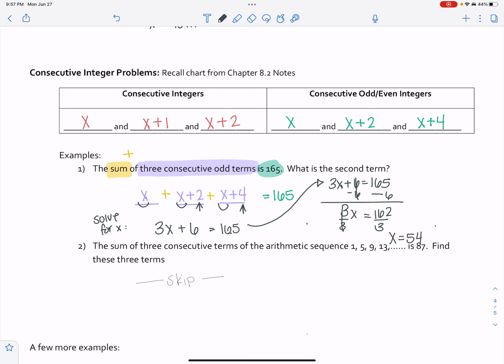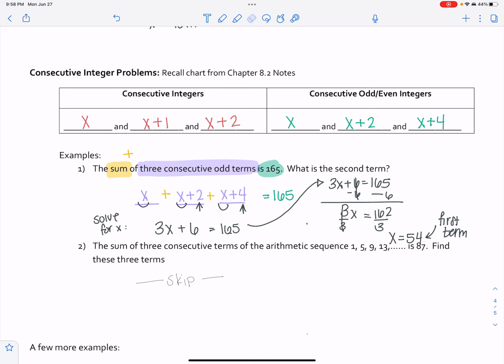Now, a lot of students will type that in as their answer. However, 54 is the first term. It's x. And the question said, what is the second term? Not to find the first term.